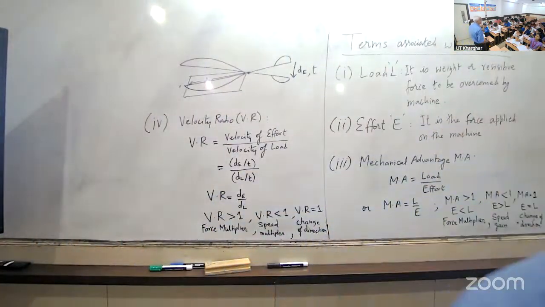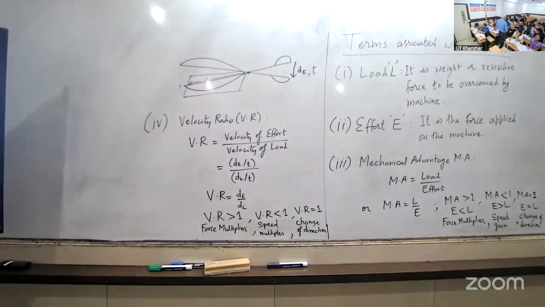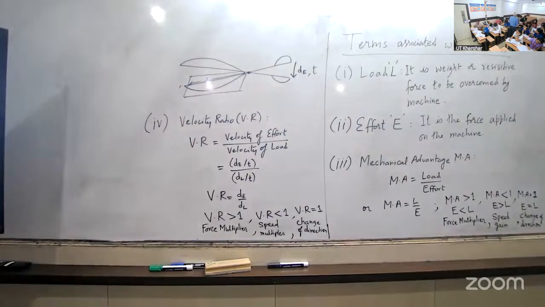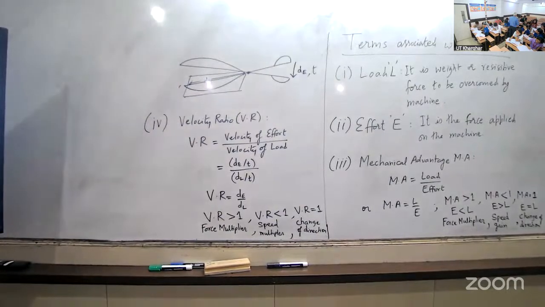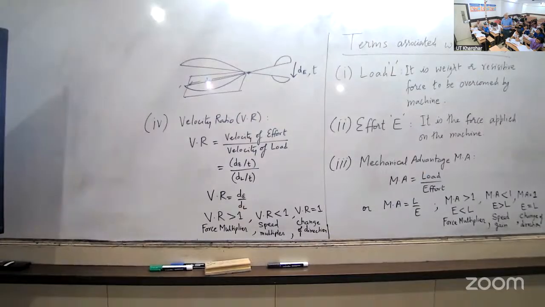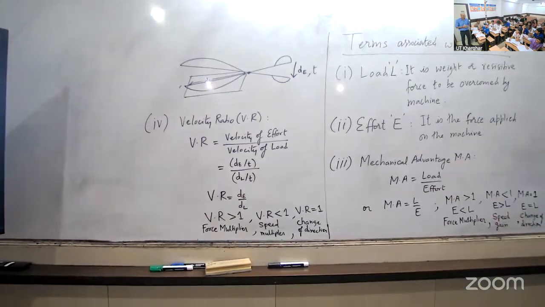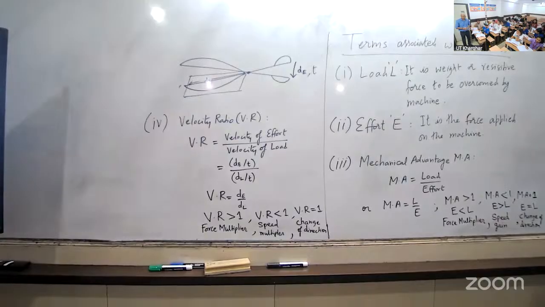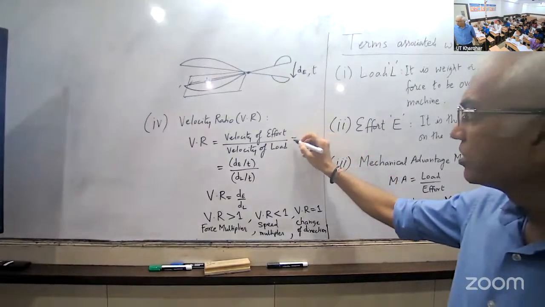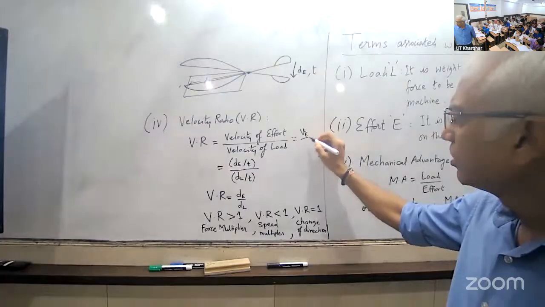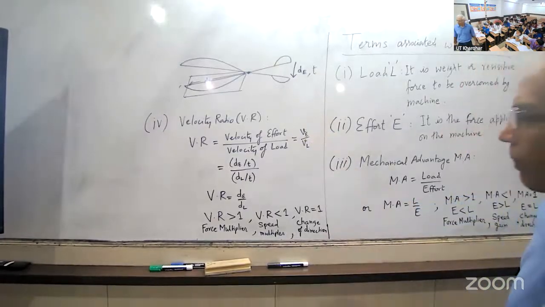So in change of direction, there is no advantage of effort or load. You have to apply effort equal to load only. Thus the direction of operating the machine becomes convenient. We will understand it with the help of some machine going forward. Right now, you first take this down. What is velocity ratio? This is VE upon VL.